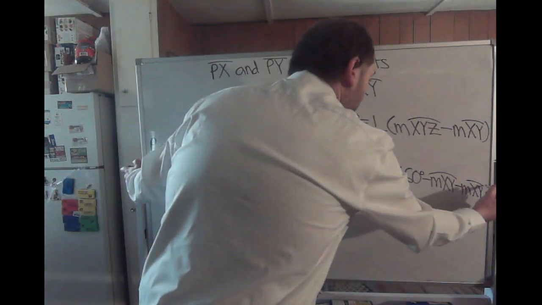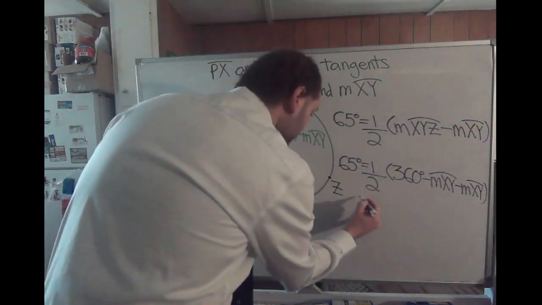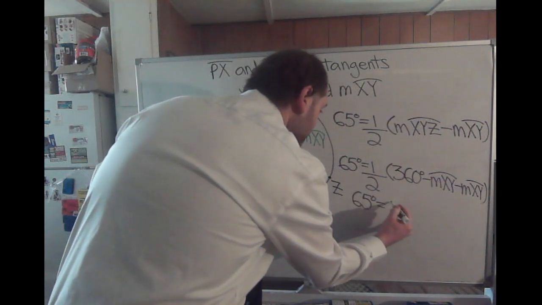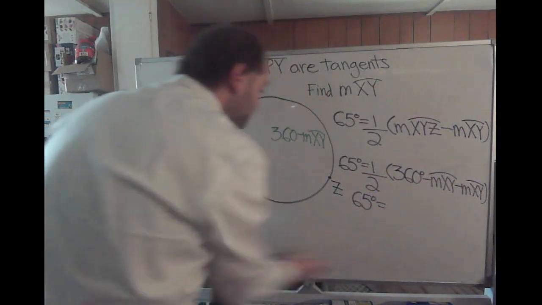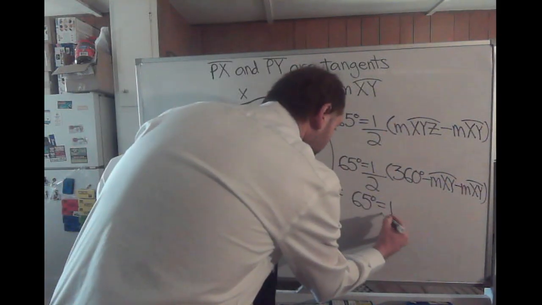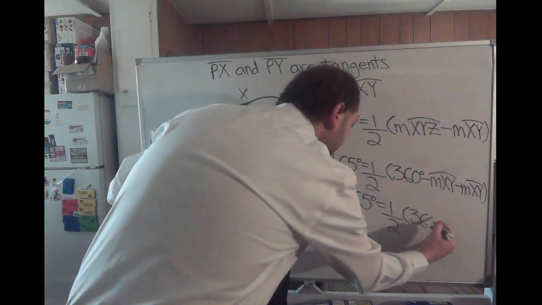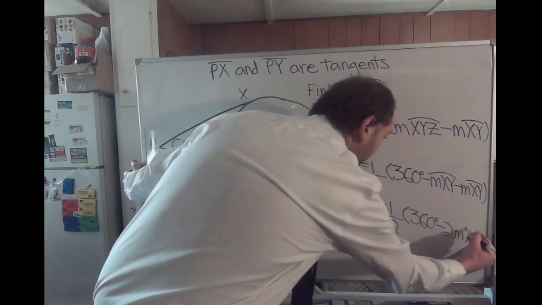So you see where we're going with this? Now let's simplify this a little further. You would get 65 degrees equals, we'll still keep the half for a minute, half of 360 degrees minus 2 times the measure of arc XY.